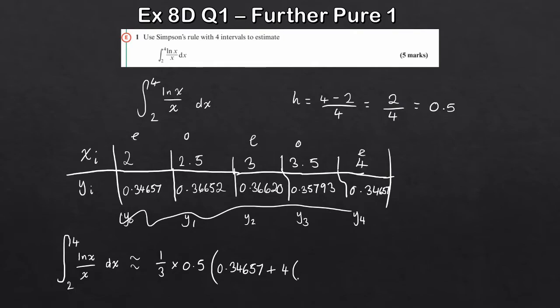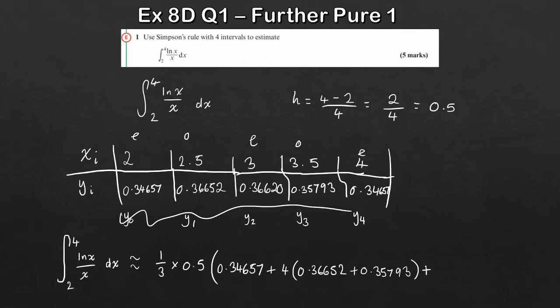So what I'm going to do here is 4 lots of my odd terms. My odd one here is 0.36652, and this one here, this y3, is an odd term as well, so 0.35793. There are no more odd terms, y1 and y3. The only even term we have is y2. Now y4 would be even as well, but because it's an endpoint, we don't include it.